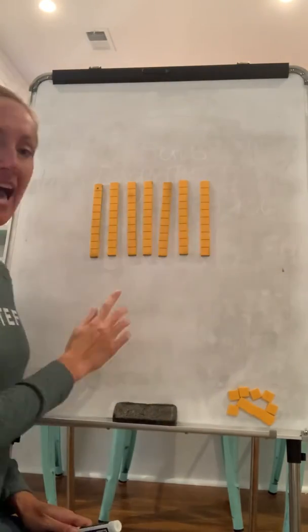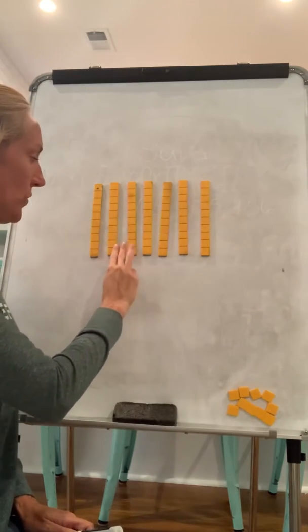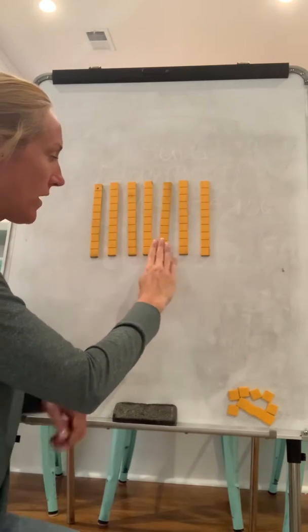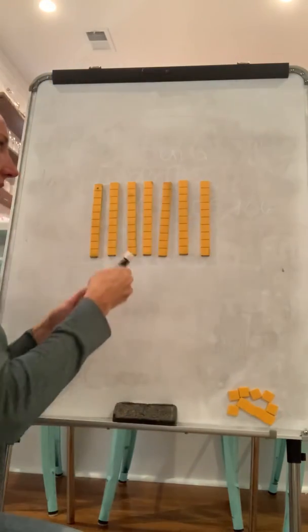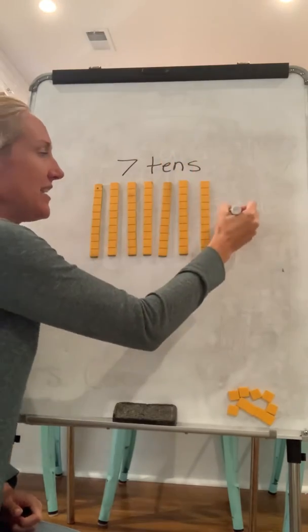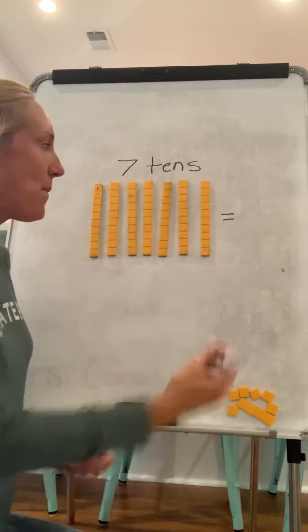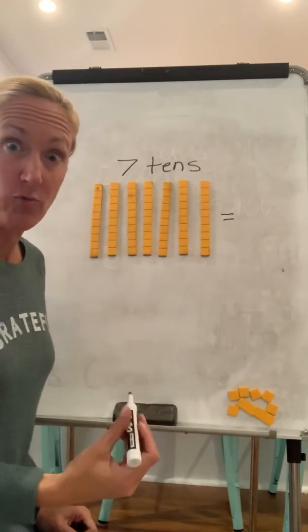Okay. How many tens do I have up here? 1, 2, 3, 4, 5, 6, 7 tens. So I have 7 tens. And you practiced this last time. How many squares will that equal altogether? If you have your whiteboard, you can write it down.